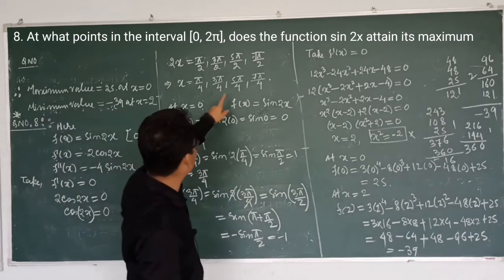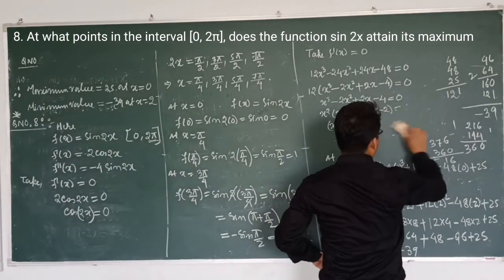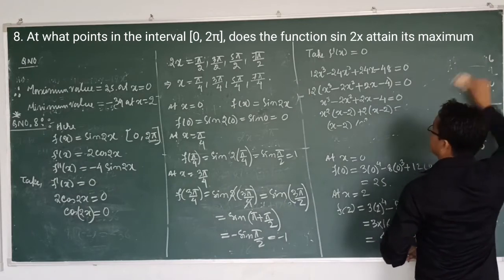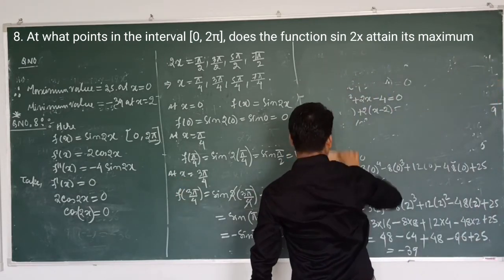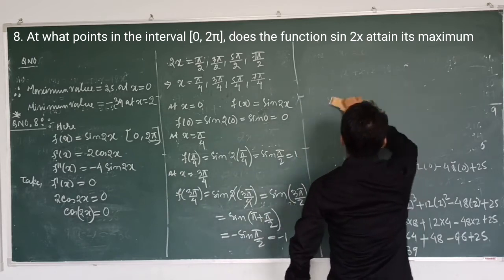So this is 3 pi by 2, then we will go for 5 pi by 4, then 7 pi by 4, then 2 pi. Let's see here.